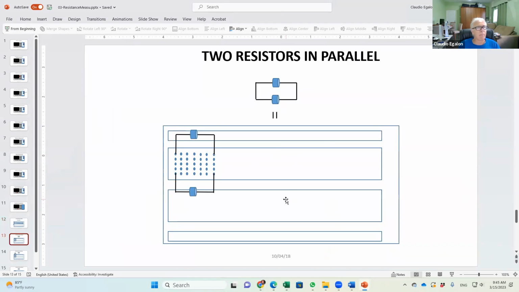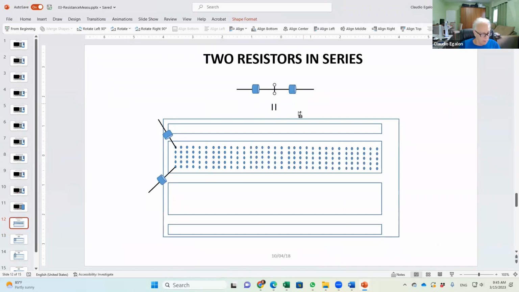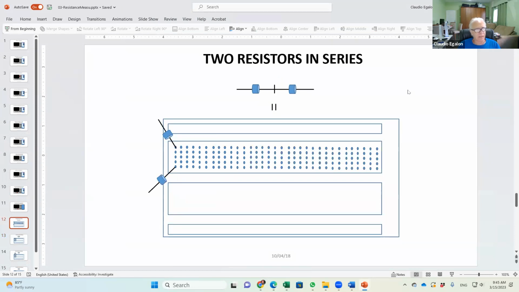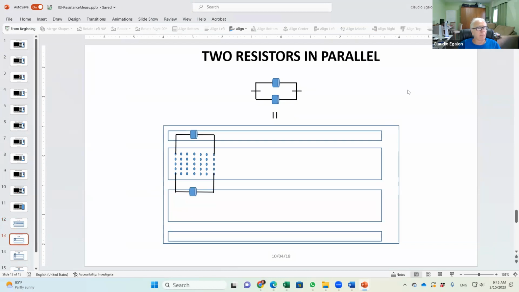And if you want to connect them in parallel, you connect the two leads of the resistors side by side, like that. If you want them in series, compare those two, right? Just one lead of the resistor is connected to the other. If you want them in parallel, two of the leads must be touching the leads of the other one.